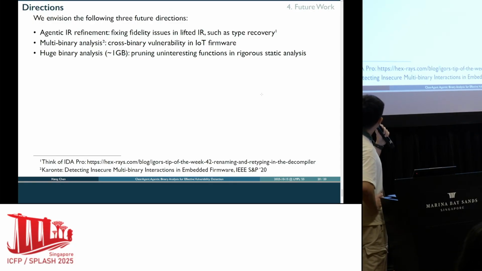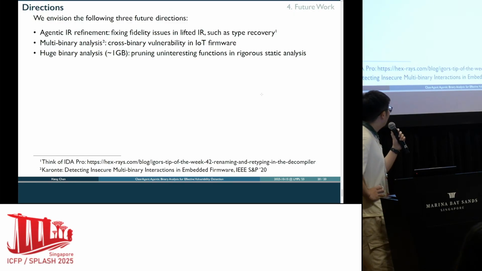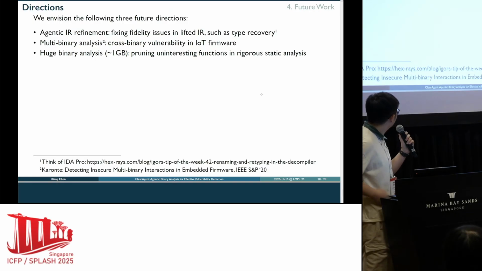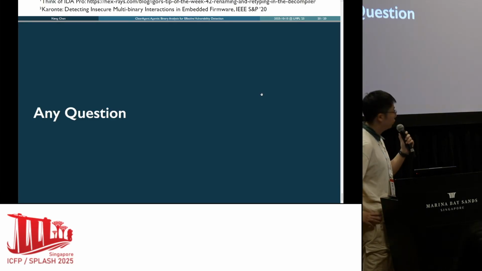The second is multi-binary analysis, which is a typical scenario in IoT vulnerabilities, and it requires understanding the interprocess communication between binaries. The third is huge binary analysis, which might let the LLM skip some uninteresting functions. And that's all. I'm happy to take questions.